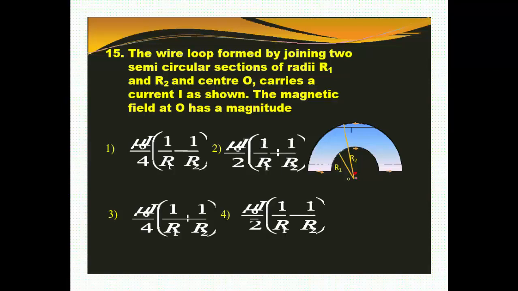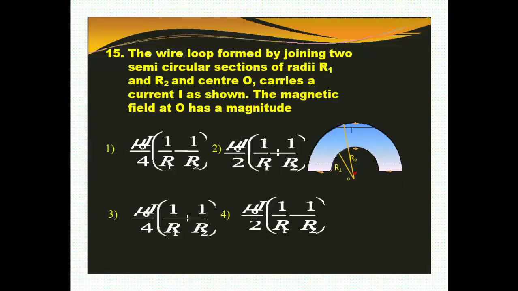The magnetic field is outward. For outer coil, the current is anti-clockwise. For anti-clockwise current, the magnetic field is inward. Means both magnetic fields, due to inner and outer coil, one is outward and another is inward.